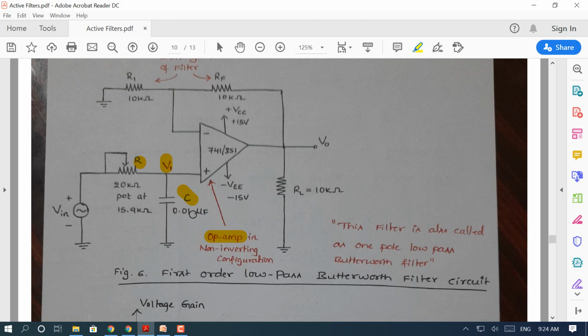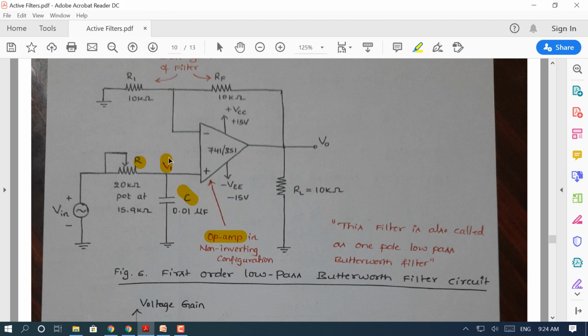Since the capacitor impedance is minus jXc, that gets subtracted. R minus jXc is in the denominator, multiplied with the input voltage. I repeat once again, V1 equals Vin times minus jXc divided by R minus jXc. That's the voltage at V1.